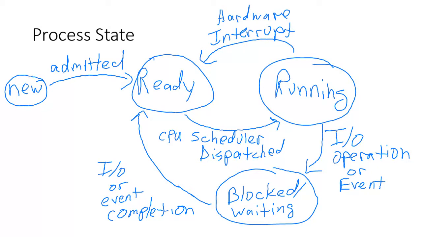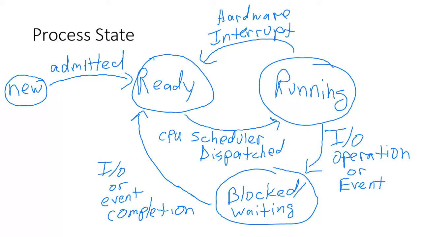If it's not I/O, instead of using that term, we could say resource. Typically the event is that the resource becomes available, and usually once that happens, it goes into the ready state.